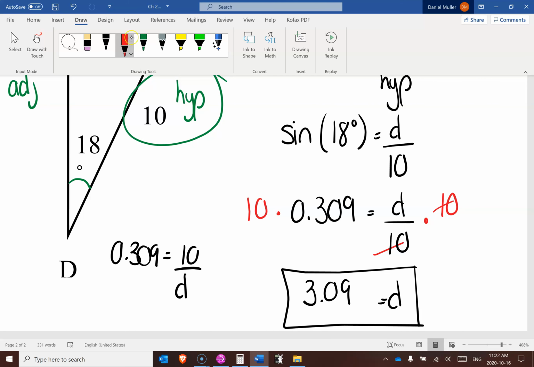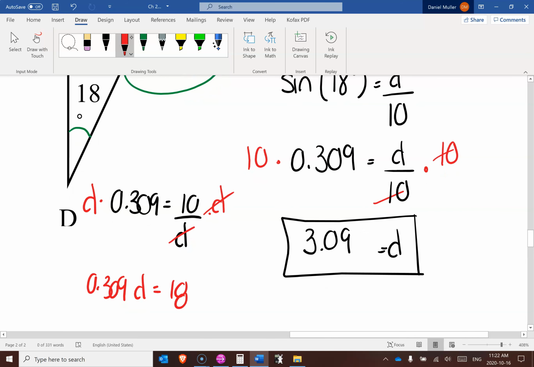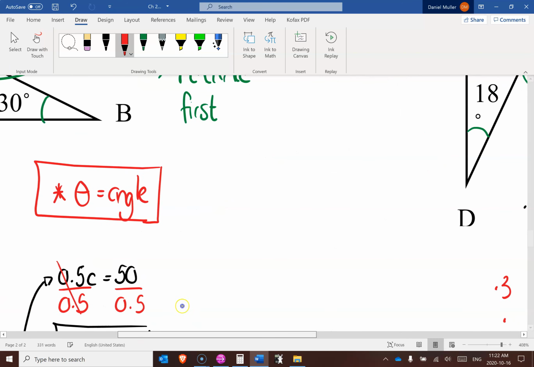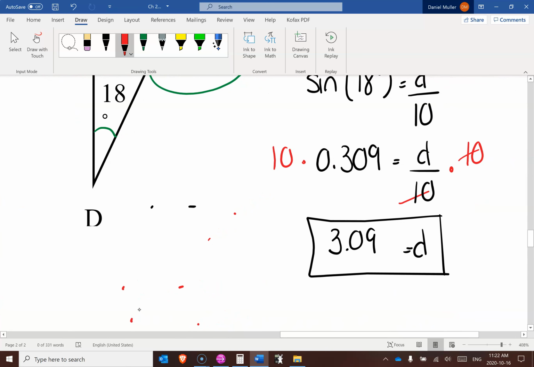And then we would have had to multiply both sides by d to get rid of it on the denominator. And then we would have 0.309 d equals 10. And then we would have to divide by 0.309 on both sides. It's just a little bit more work, and that's all because d was on the denominator. Thankfully, in this question, d was on the numerator, and so we could just move over the 10.